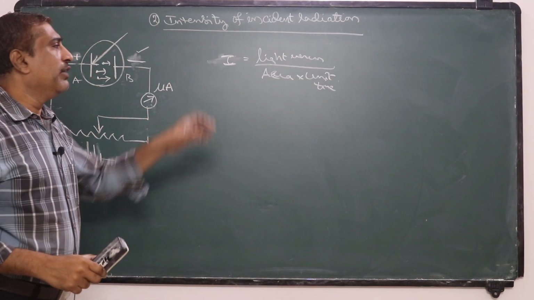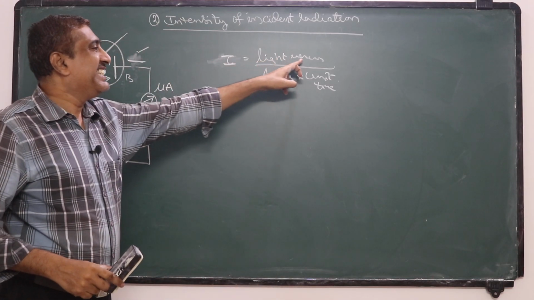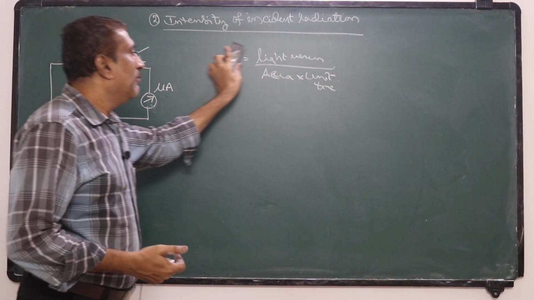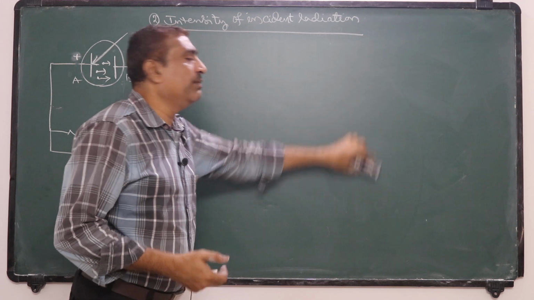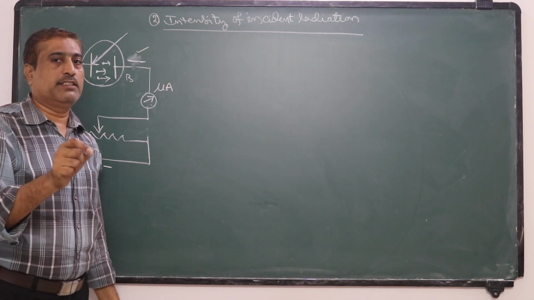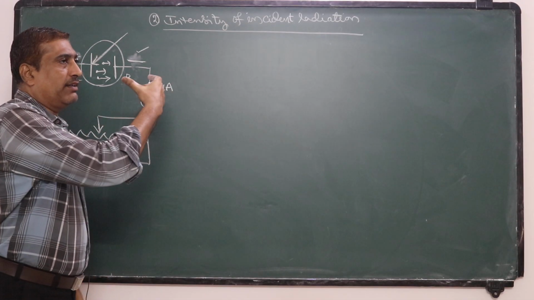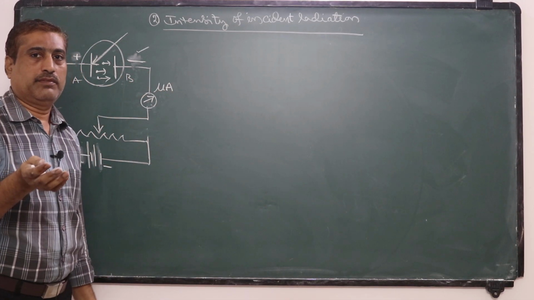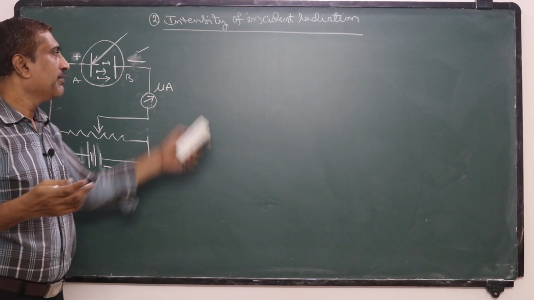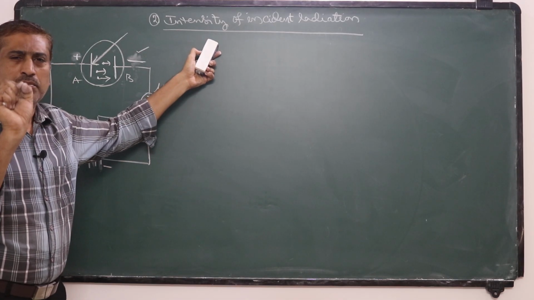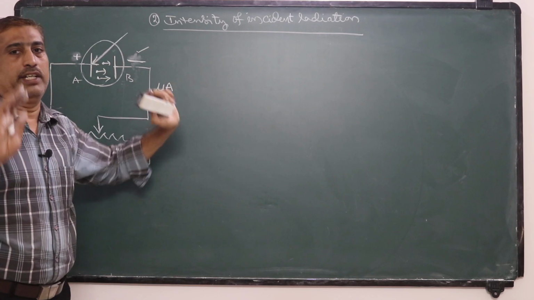More intense means more brightness, less intense means dimmer. If the source of light is emitting bright light, we can say it is high intensity. If the light emitted by a source is dim, then it is low intensity.